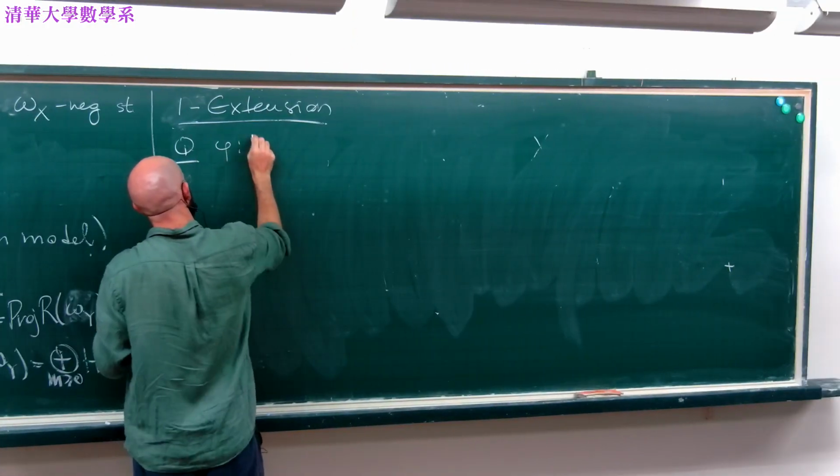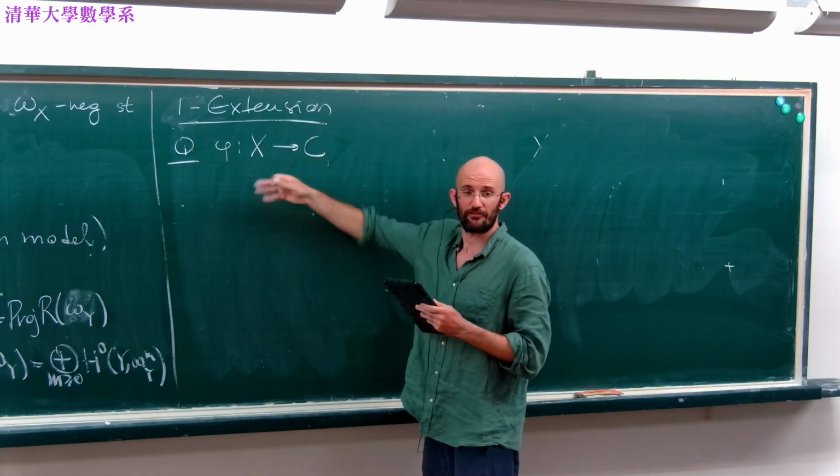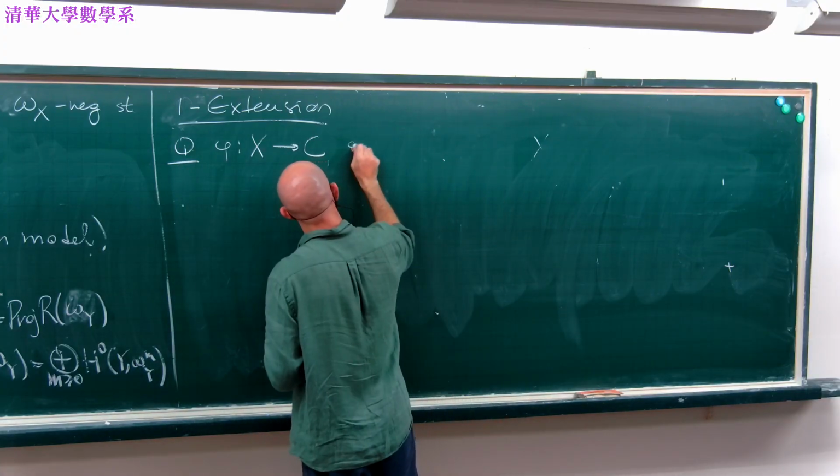So suppose that you have a one-parameter family of algebraic varieties.